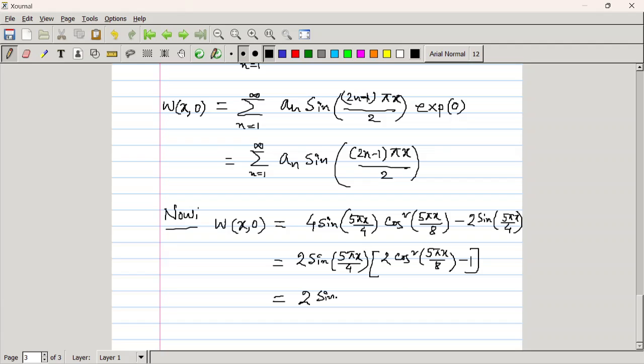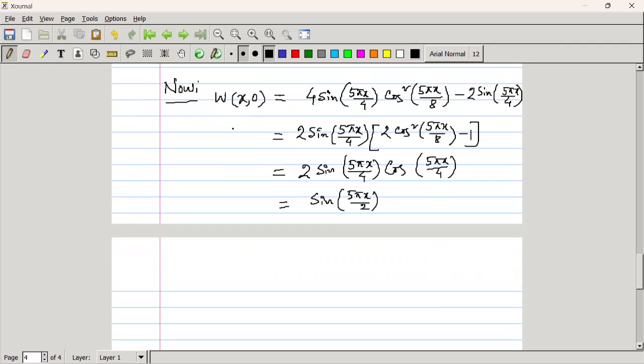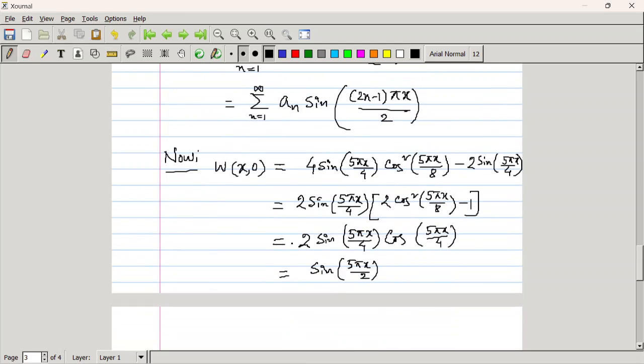So I will write 2 sine 5 pi x by 4 into cos of 2 into 5 pi x by 8, that is 5 pi x by 4. Now 2 sine theta cos theta means sine 2 theta. So sine 2 into 5 pi x by 4, that is 5 pi x by 2. That is what I got from simplifying. So I move to the next page. What I got is that w(x, 0) is sine 5 pi x by 2, which is equal to this series.